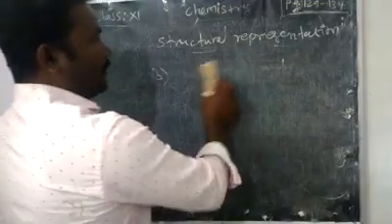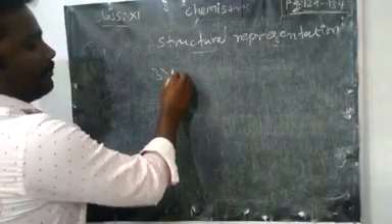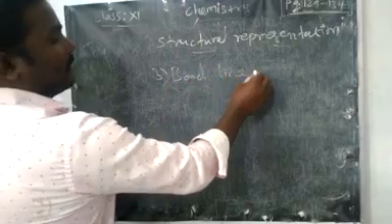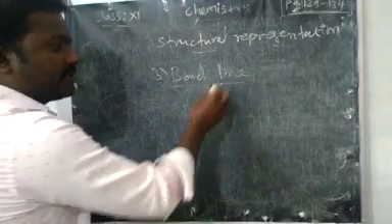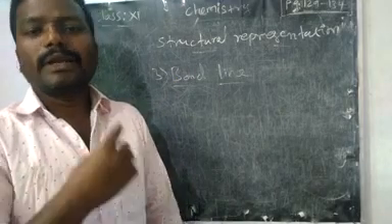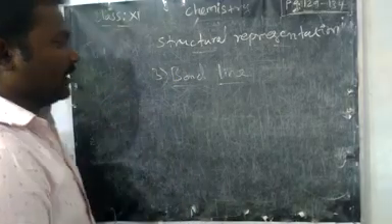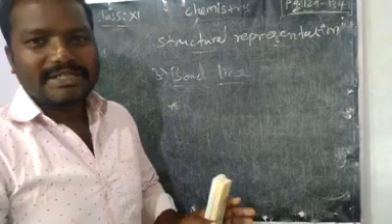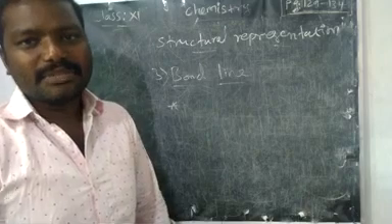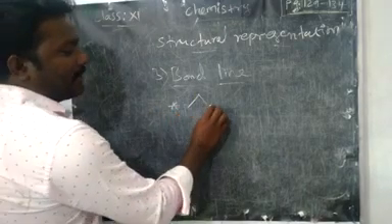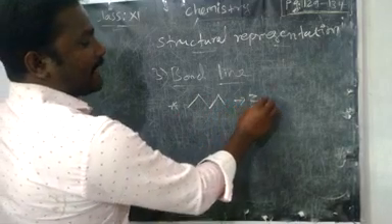The last one is very important, bond line structure. See, bond line structure is very important because in future we will use only bond line structure. Here we are not representing any carbon or hydrogen atoms. Simply the carbon atoms are indicated with zigzag lines.